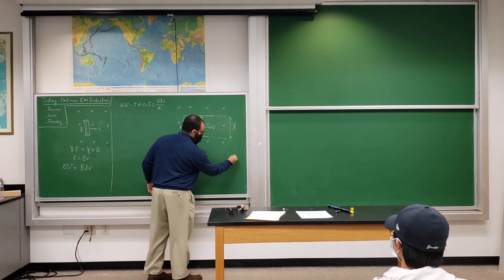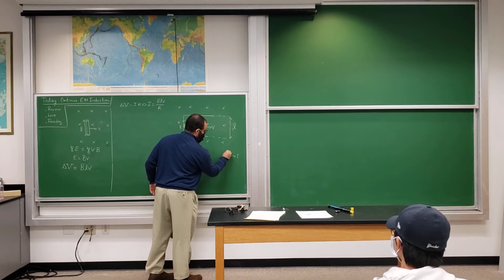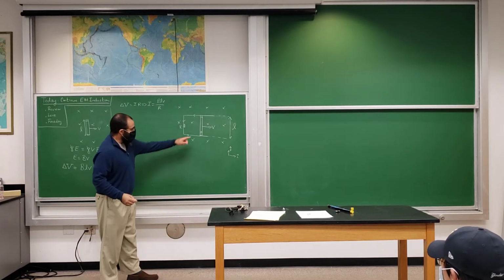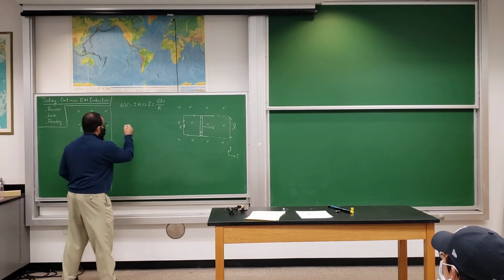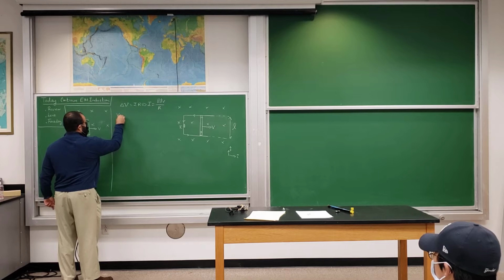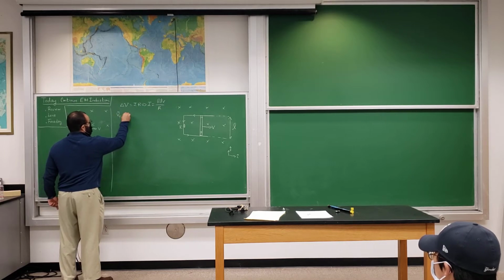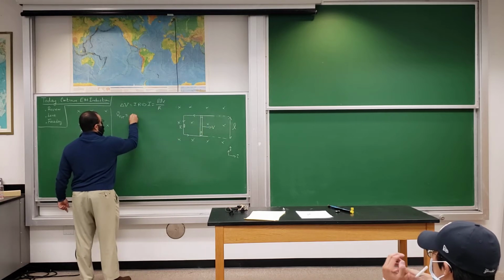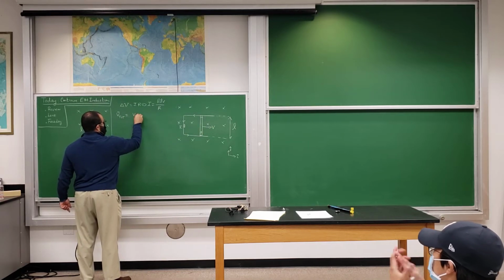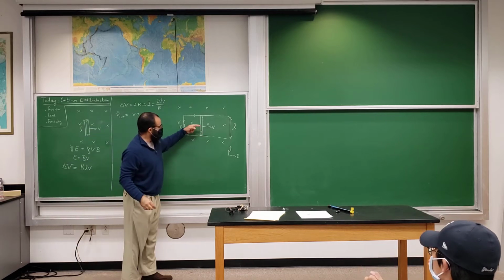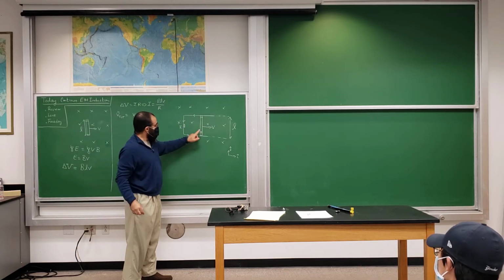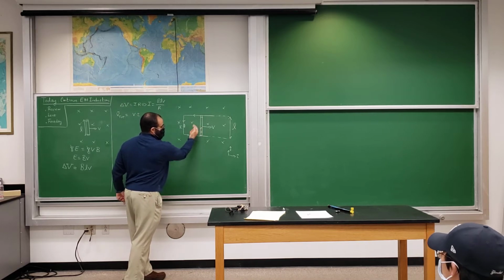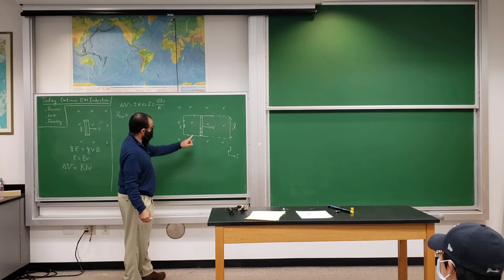Let's call this the I hat direction, the J hat direction, and the K hat direction will be out of the board. So this charge will have a total velocity V, which equals the velocity that it already has to the right, due to the rod moving to the right, which is V times I hat, plus the velocity it has due to the magnetic force pushing it upward, so there is a current.